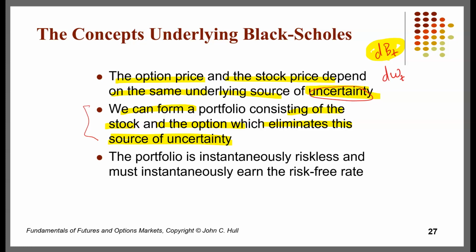That's very similar to what we did in binomial to derive the Black-Scholes option pricing. But in this case, you're not really obtaining the Black-Scholes call value or put value. What you're obtaining is the Black-Scholes partial differential equation.